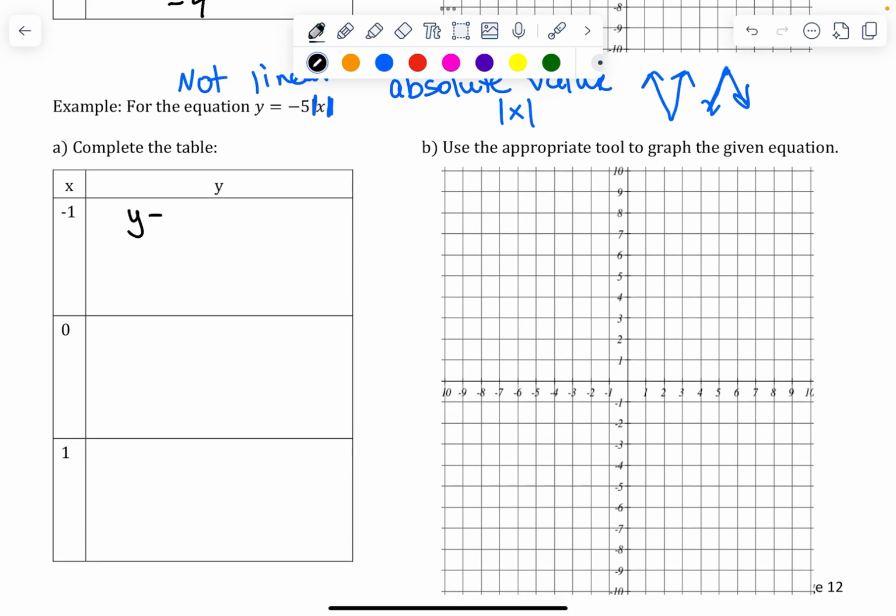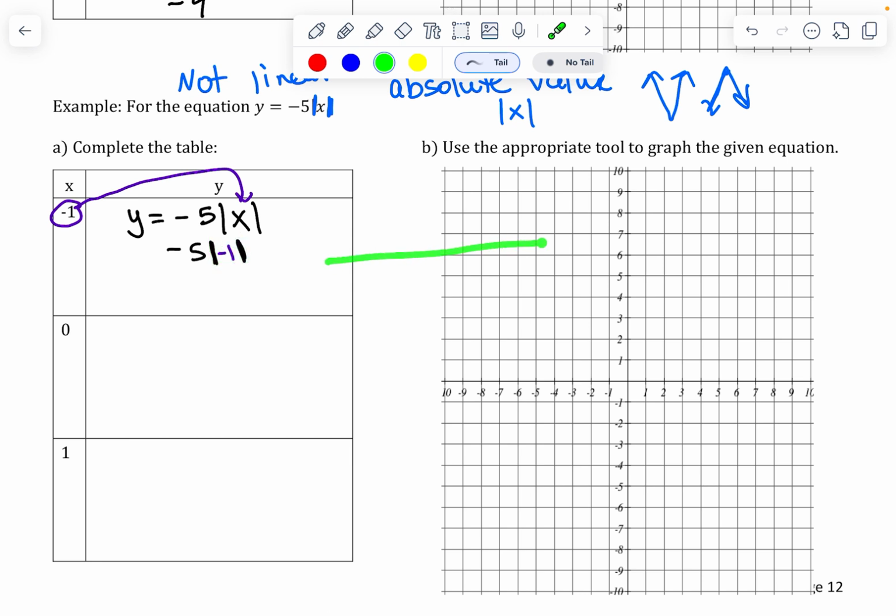We get y equals -5 times the absolute value of x, and this time we are plugging in -1 for our x, so we get -5 times the absolute value of -1. Now, if you don't remember what absolute value means, it tells how far away from 0 this number is.